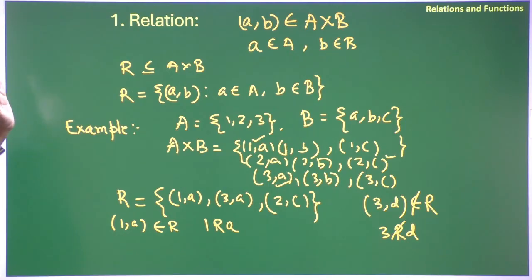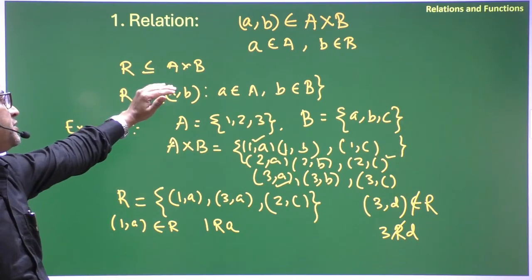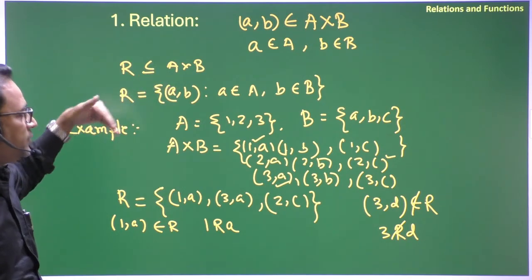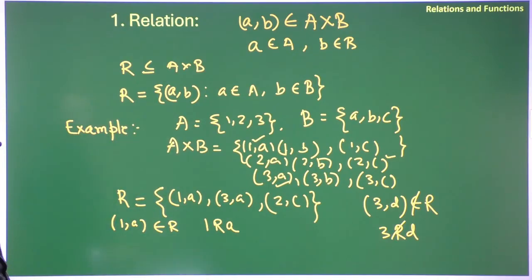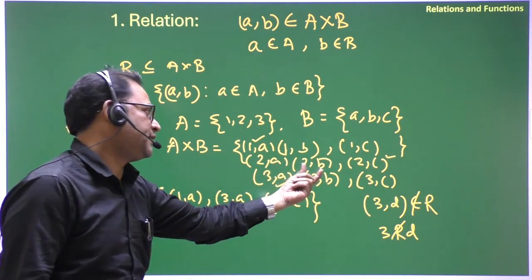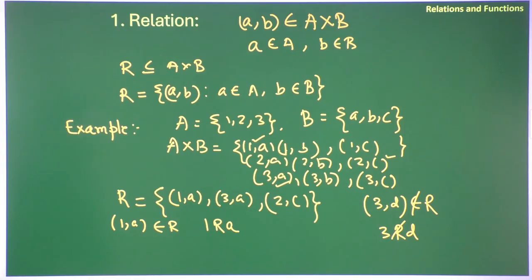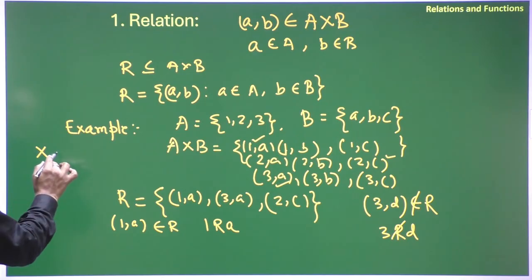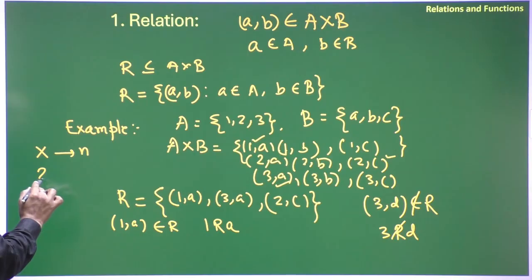When we define a relation from the set A to the set B, R is a subset of A cross B. So if I want to calculate how many relations exist from A to B, it depends on how many subsets we can form from the given set A cross B. You know that if a set X contains n elements, the total number of subsets will be 2 power n.